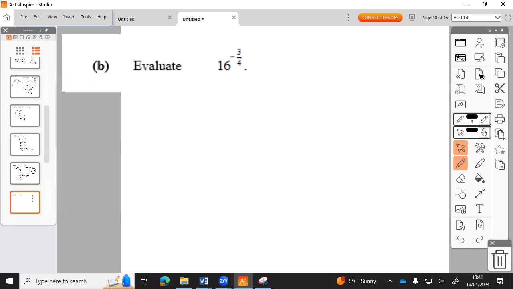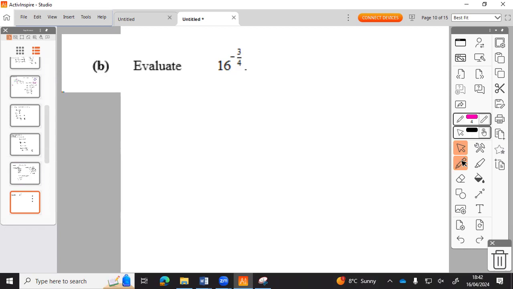So, first, what it's trying to achieve is getting that in its simplest form. Now, what it wants you to recognise is the 4 is essentially rooting that number, and the 3 is then doing the power. Okay, so let's put that in.